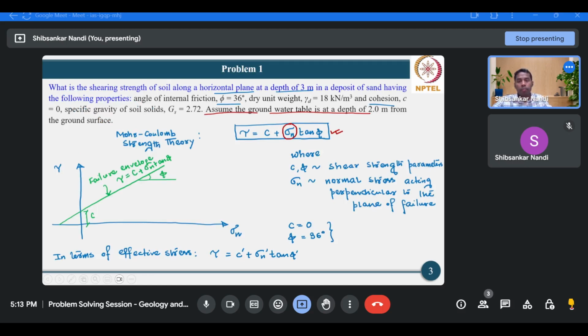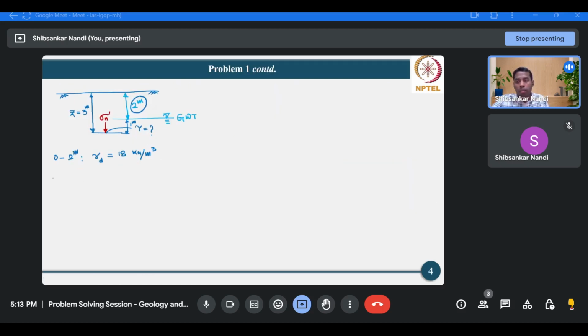Okay, and minus 2 to 3 meter, we have to determine the gamma prime.